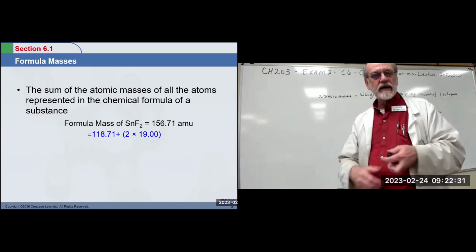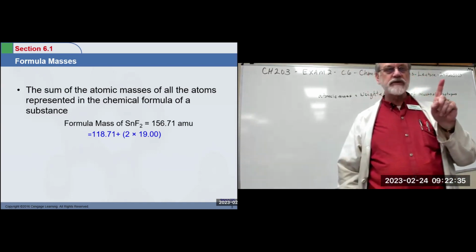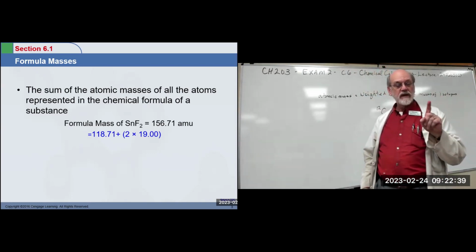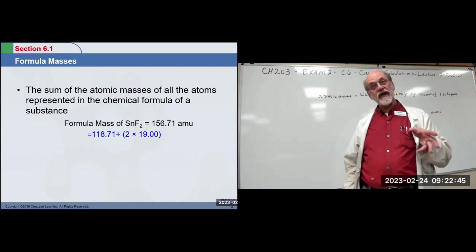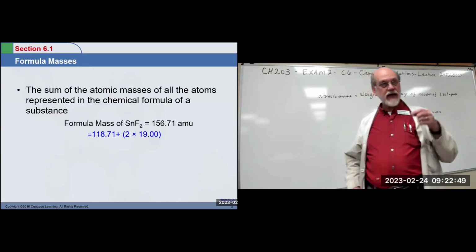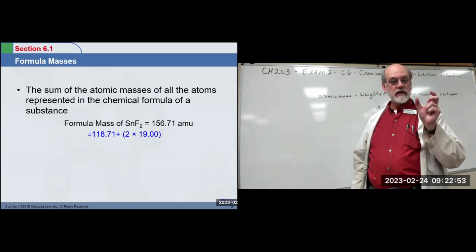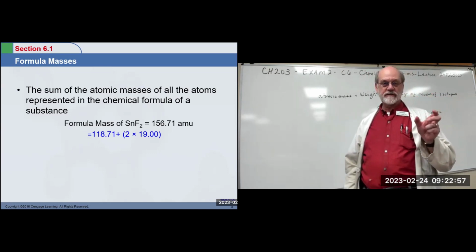Tin-2 fluoride says that you've got one atom of tin, which is 118.71 atomic mass units, and you've got two fluorines. Each one of those is 19. So you just have to multiply that by 2 and add them all together. And for that formula, SnF2, you have 156.71 atomic mass units.